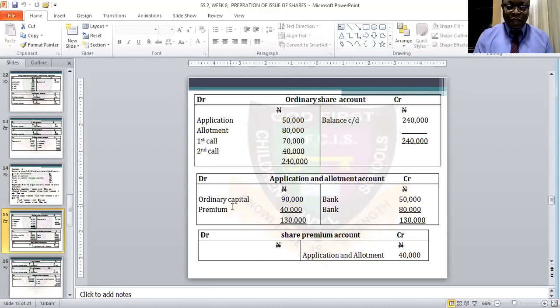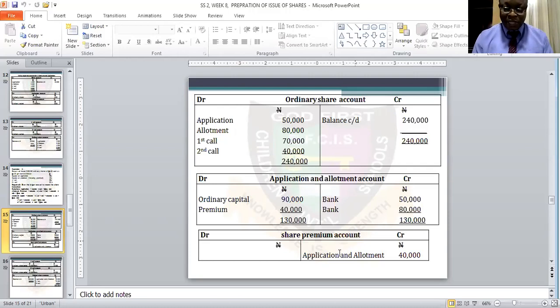We have ordinary share capital 90,000, premium 40,000. When you add them together, you get 130,000. The bank account is 50,000 and 80,000, that will give 130,000 naira. You can see that both sides of the account are equal: 130,000 naira for the debit side and 130,000 naira for the credit side of the application and allotment account.